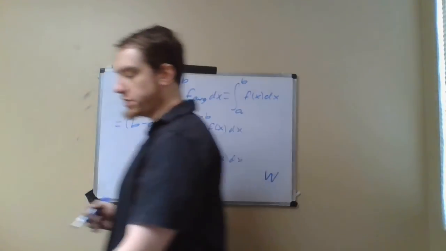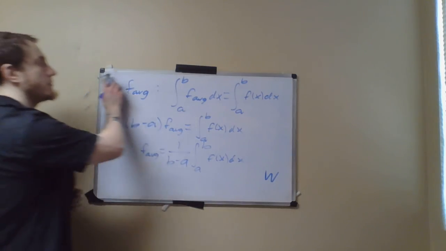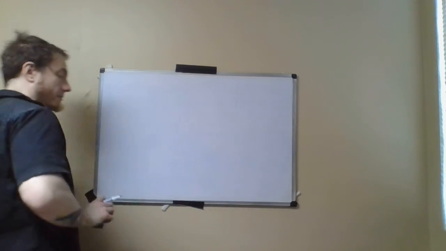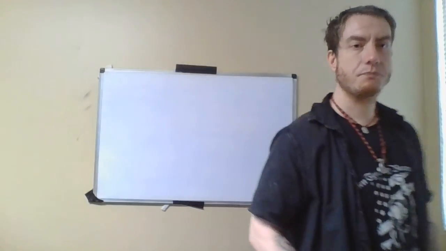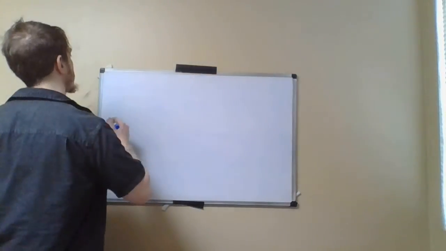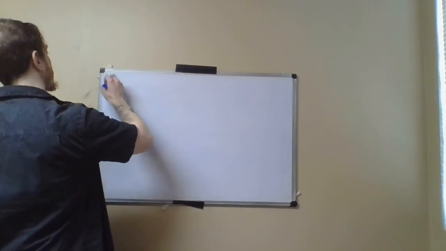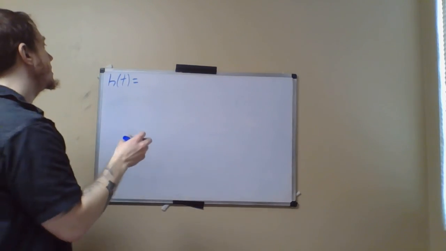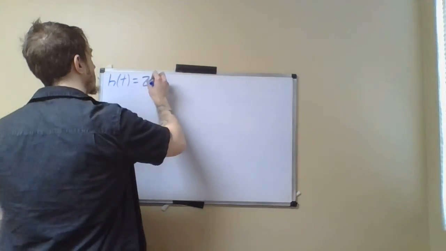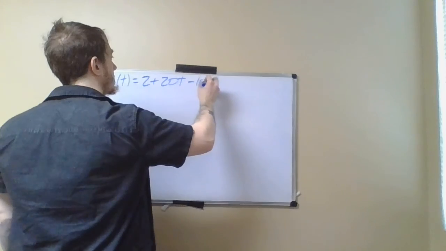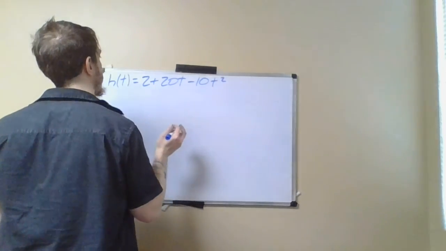Now, of course, in practice, we can talk about certain questions with averages that are maybe a little bit trickier. Like, let's say that a ball is thrown on a given trajectory, and the height of the ball as a function of time is going to be equal to 2 plus 20t minus 10t squared.